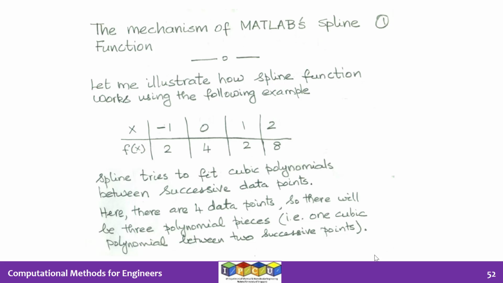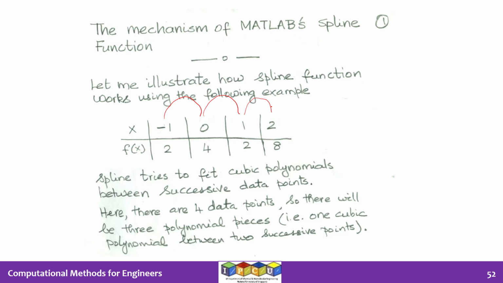Now, what spline tries to do is fit cubic polynomials between successive data points. So these two would be considered as successive data points, these two would be considered as successive data points, and these two would be considered as successive data points, as you might imagine.